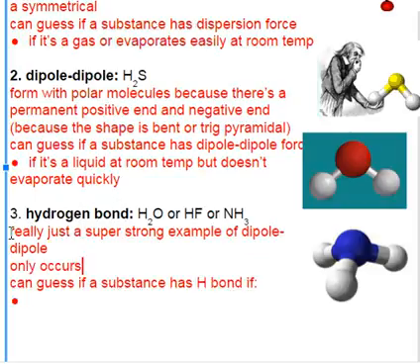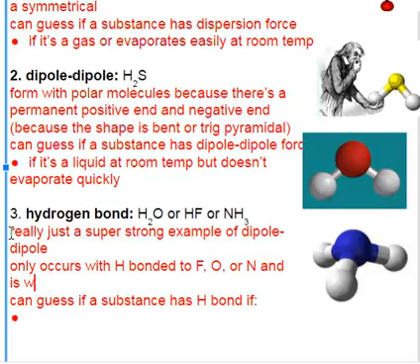It only occurs with hydrogen bonded to fluorine, oxygen, or nitrogen. And it's super strong because these are 4 of the smallest atoms.